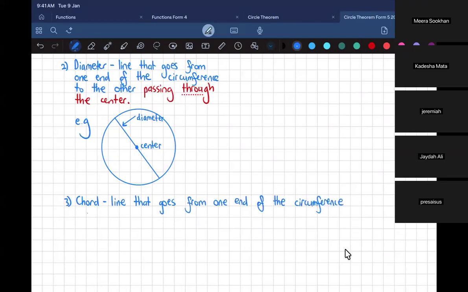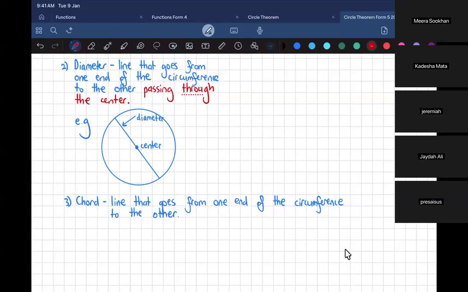And there's Ron. What do you think I'm going to write in red over here? So I said that it is a line that goes from one end of the circumference to the other. What do you think I'm going to write in red?